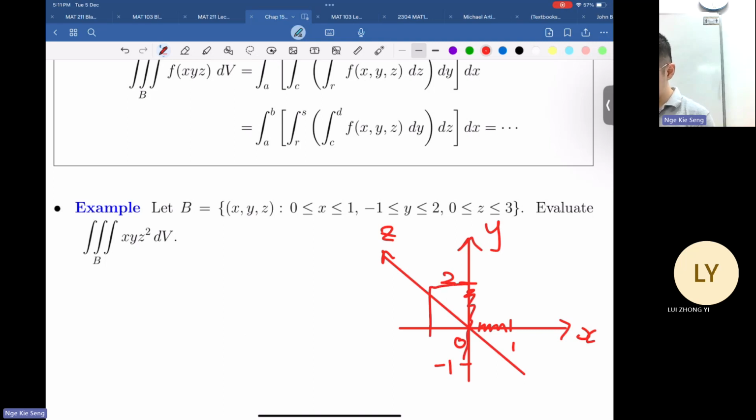So I span a rectangle here, and then my height from 0 to 3, all the way up to 3. So how to draw this?